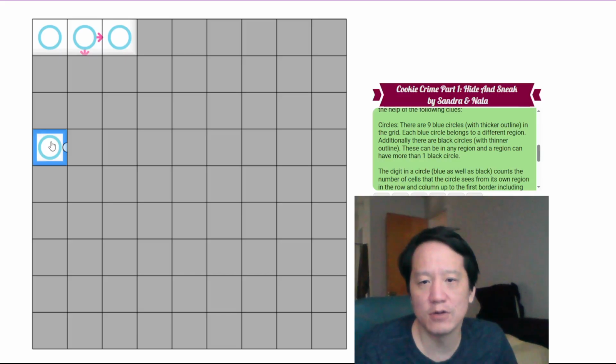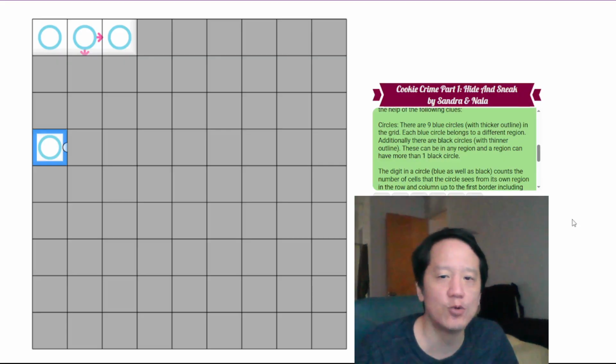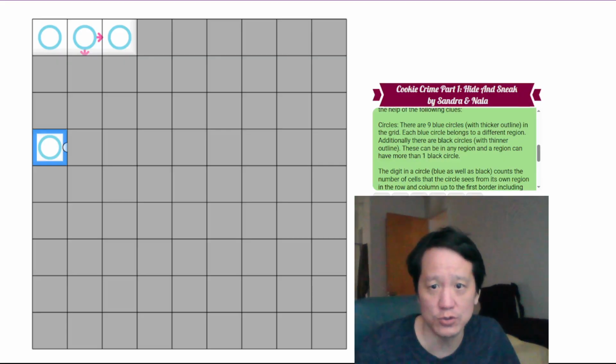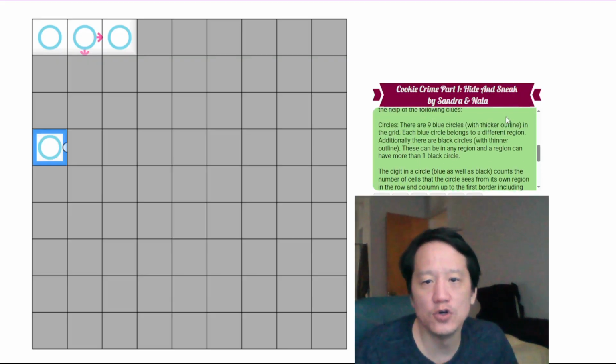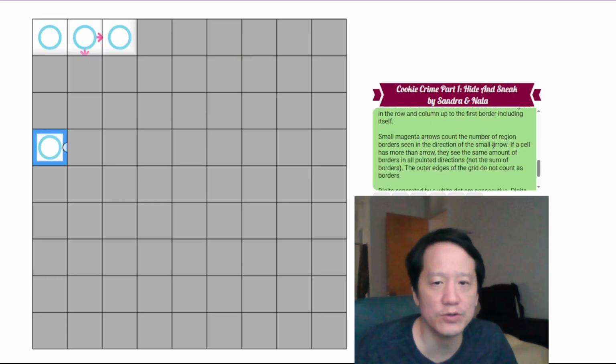Additionally, there are black circles. The black circles can be in any region, and a region can have more than one black circle. So a digit in a circle, blue as well as black, counts the number of cells that the circle sees from its own region in the row and column up to the first border, including itself.